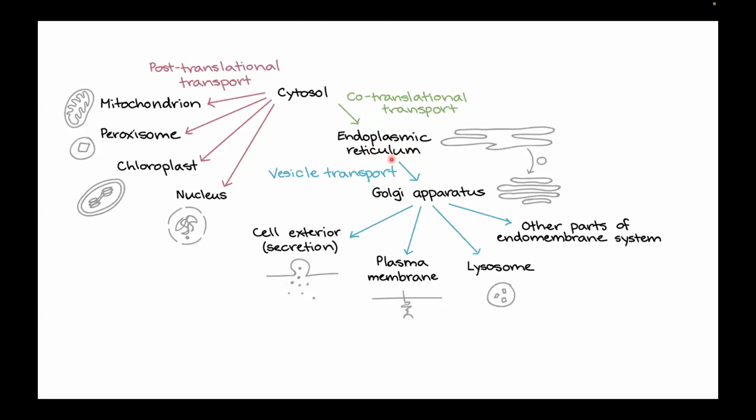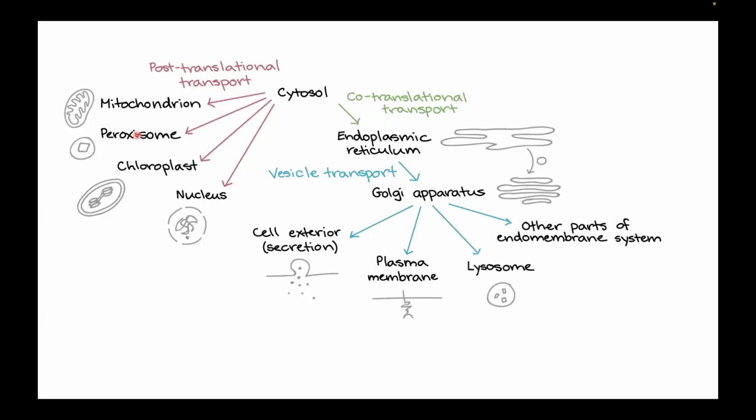From the endoplasmic reticulum, it reaches the Golgi, and from the Golgi, it will be distributed to the different parts of the cell. From the cytosol, okay, we have what we call post-translational transport, wherein substances like proteins can be brought to the mitochondria, they can be brought to the peroxisomes, or they can be brought either to the nucleus. Okay, so there are several pathways.